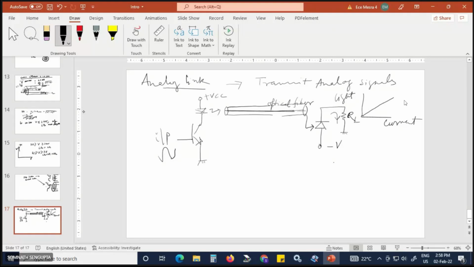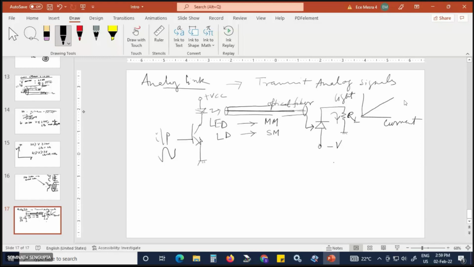These are the simple basic circuits. Now in analog link, generally we transmit analog signals and certain simple LED we can apply if it is a multi-mode fiber. If it is a single mode fiber, we use laser diode.